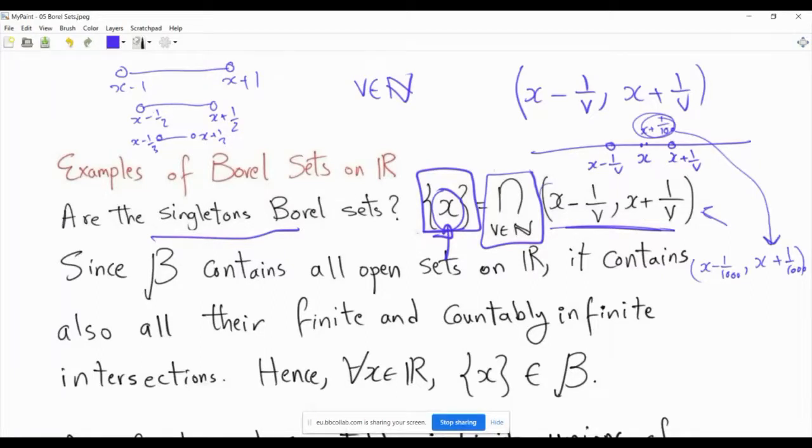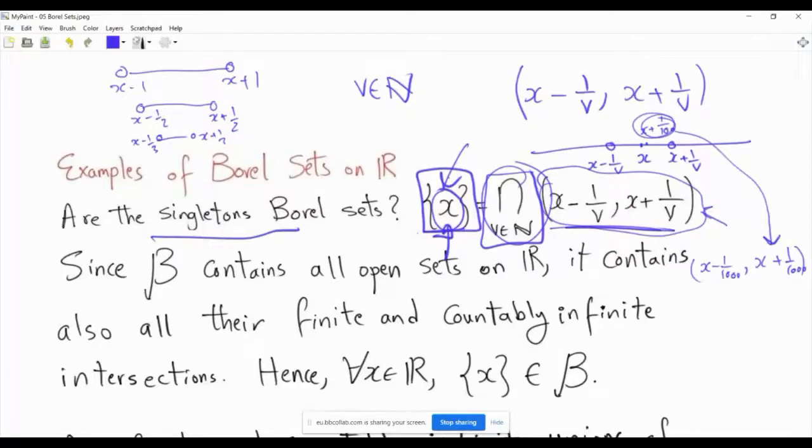Each of those intervals is in the Borel sigma algebra by definition, so the countable intersection is there, and so yes, we have the singletons. Every real number alone is in the Borel sigma field. And if any real number is in the sigma field, then all finite subsets of R and all countably infinite subsets of R are already there.